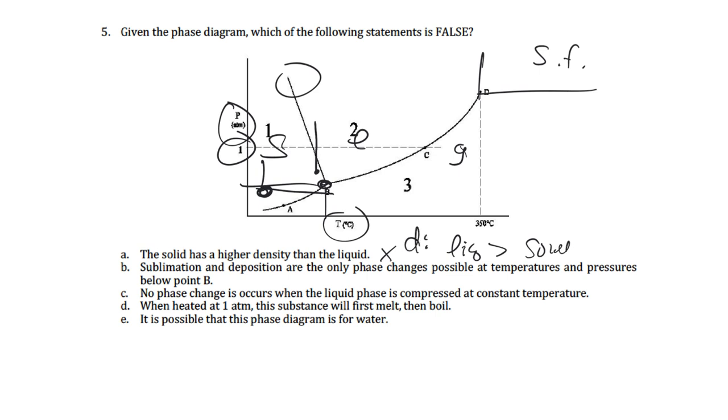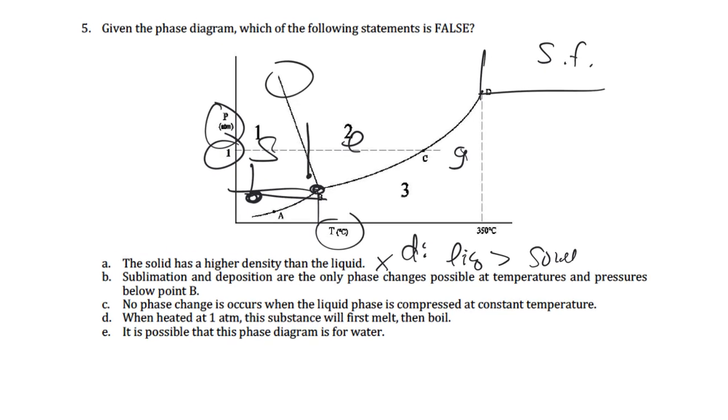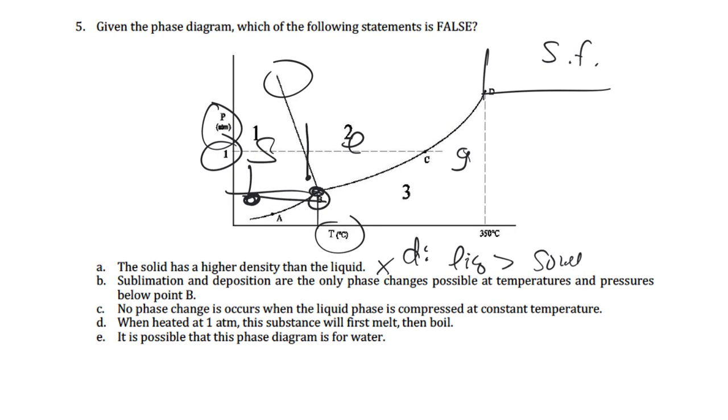Okay, so then statement B: sublimation and deposition are the only phase changes possible at temperatures and pressures below point B. Point B is noted here, so that's the triple point. That's a true statement. If you go to temperatures and pressures below the triple point value, then the only phase change that can take place is this one here. You can phase change by changing temperature or pressure.